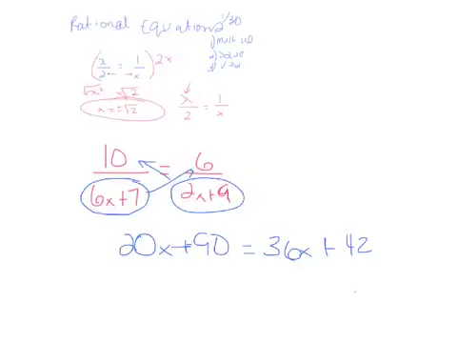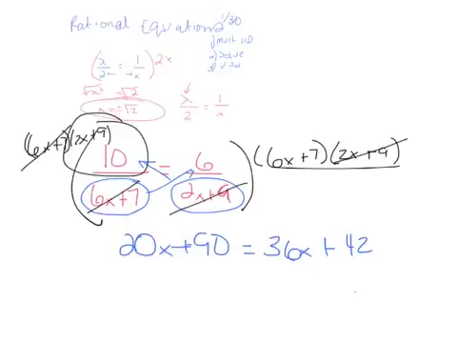But to make sure we stay within the guidelines of the rules that we originally learned, which was step 1, multiply by the least common denominator, I'm going to show you what that would look like. So I was just showing that we could, in fact, use the least common denominator to get the exact same process. Solving that, you would subtract the 20x and the 42. You would end up with 48 is equal to 16x.